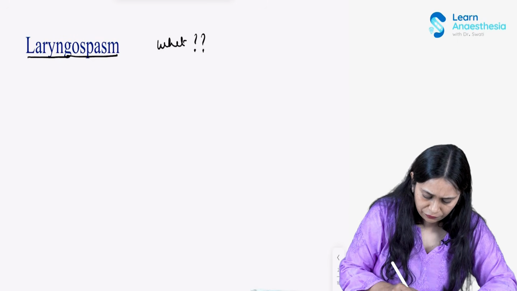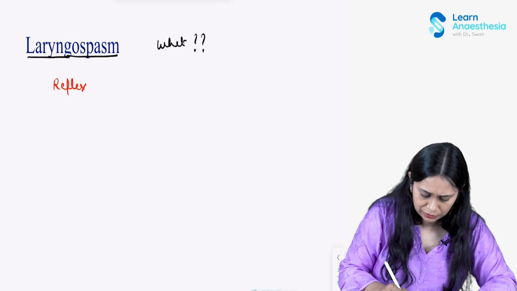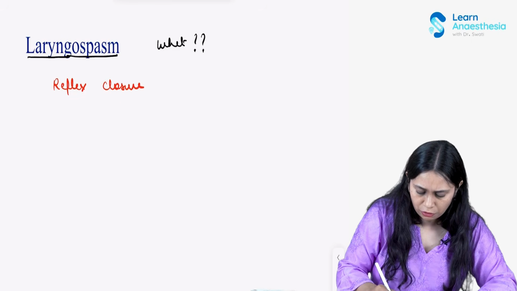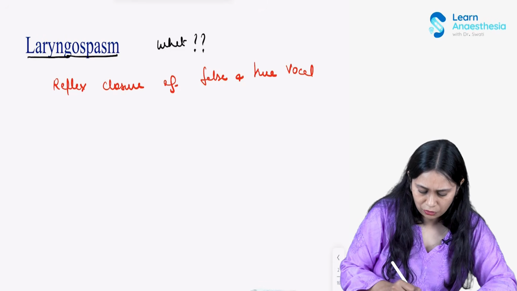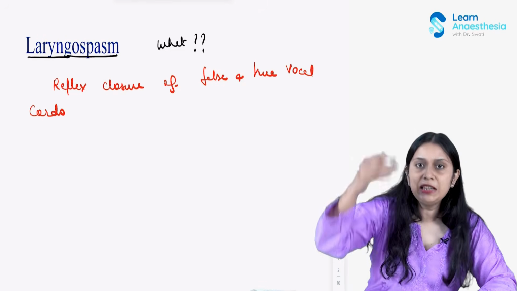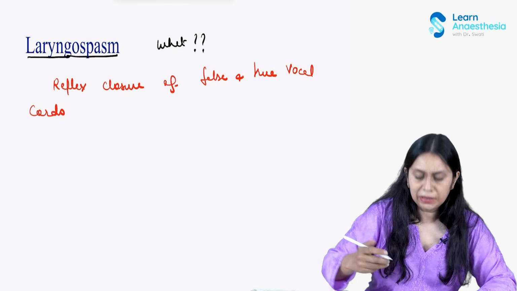So laryngospasm is reflex closure of false and true vocal cords, and this is accompanied by descent of the laryngeal inlet.